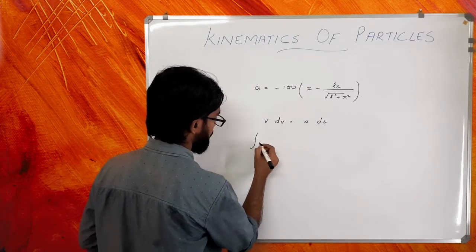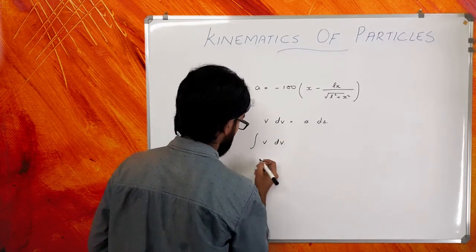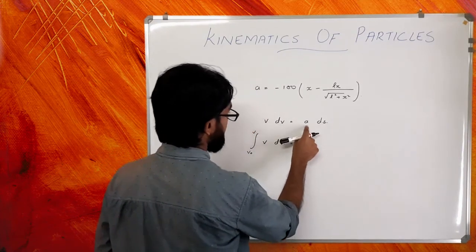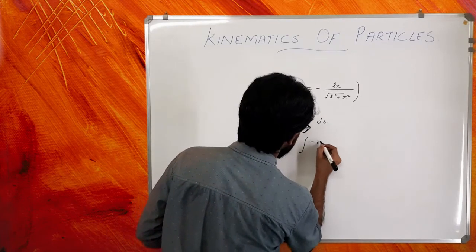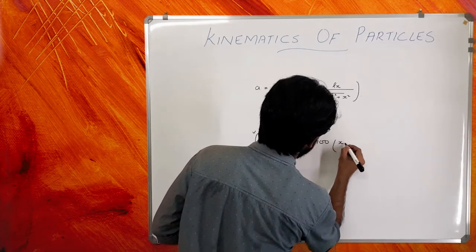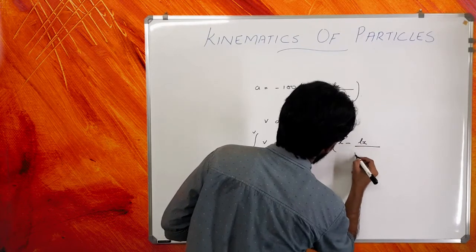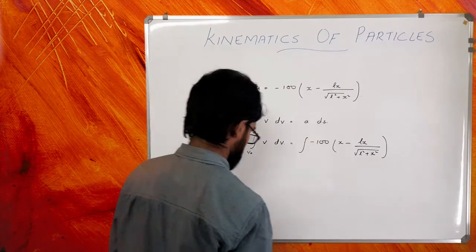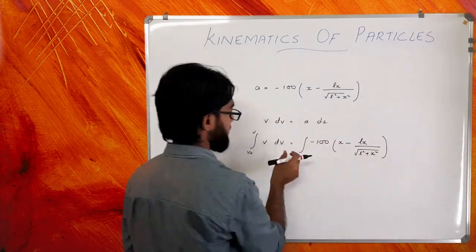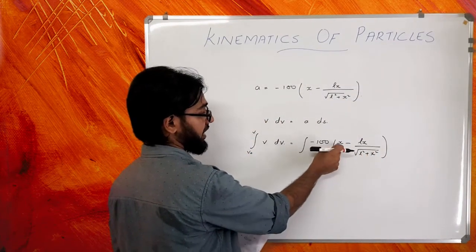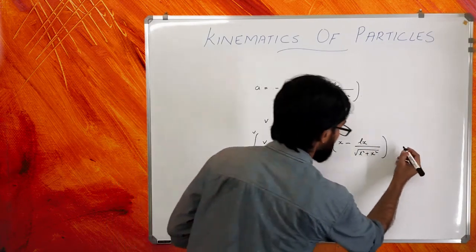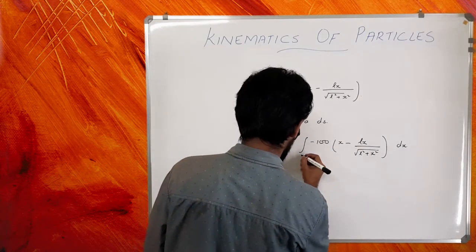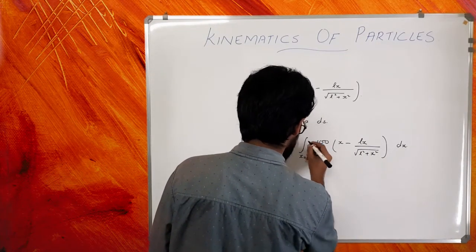If you integrate both sides from the initial value v0 to v, and here I replace a with minus 100 into x minus Lx by root of L square plus x square into, now since we are stating in terms of x, here ds will be equal to dx. Now the limits of the integral will be from x0 to 0.